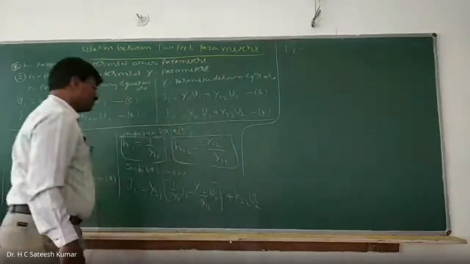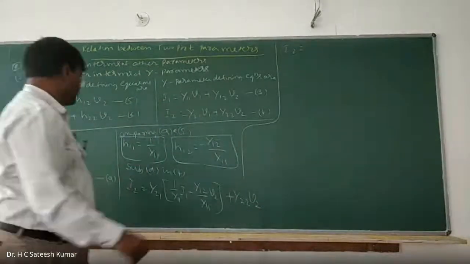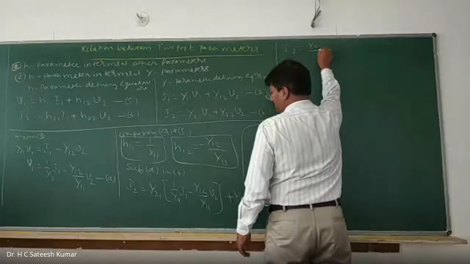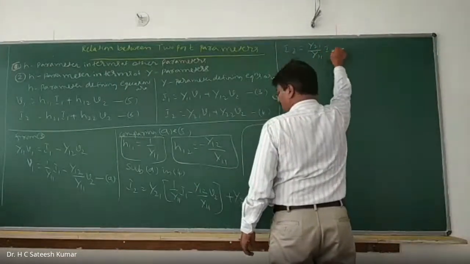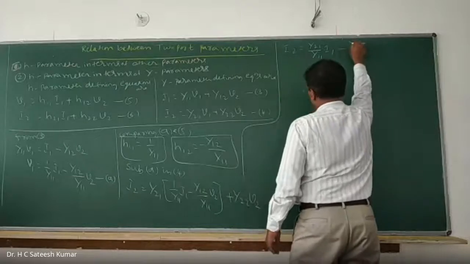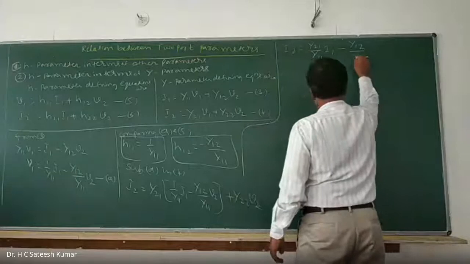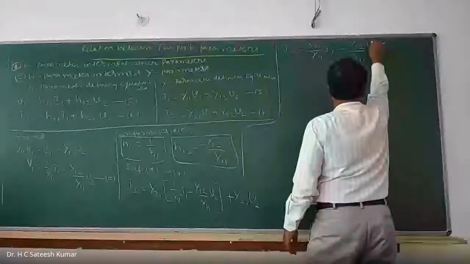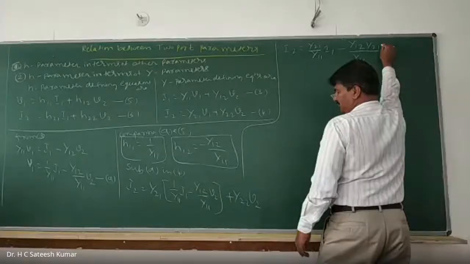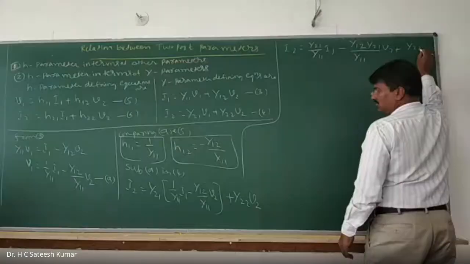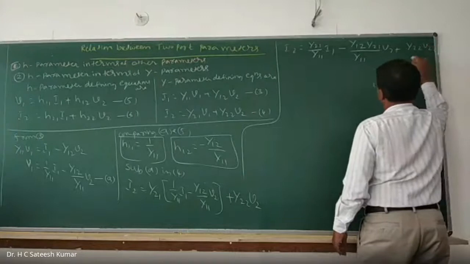Now group the V2 terms: y21 divided by y11 into I1, minus y12 divided by y11 into y21 into V2, plus y22 into V2.